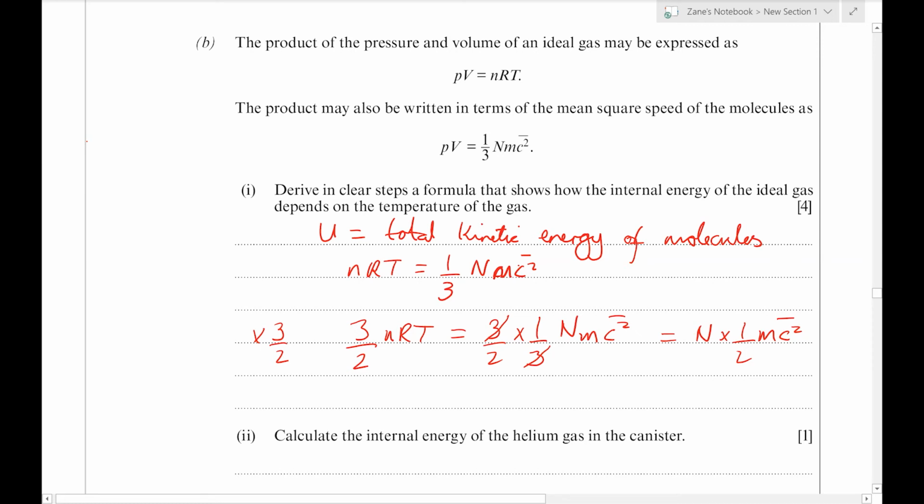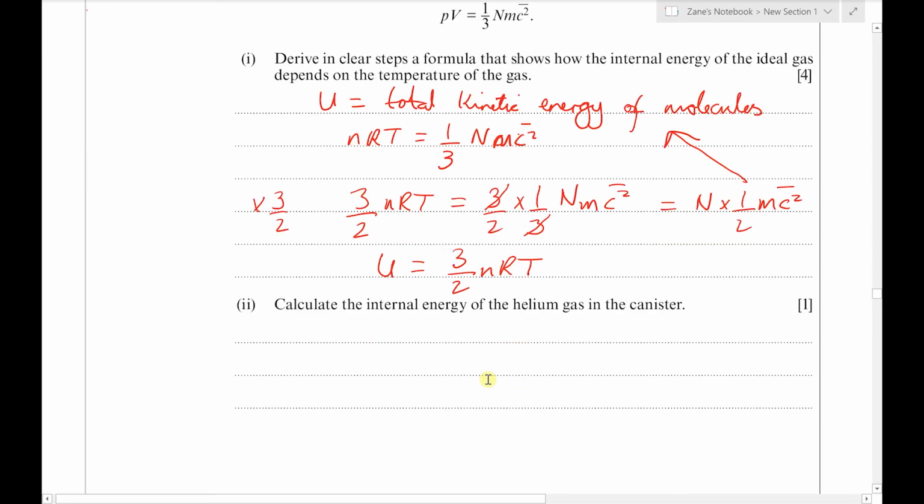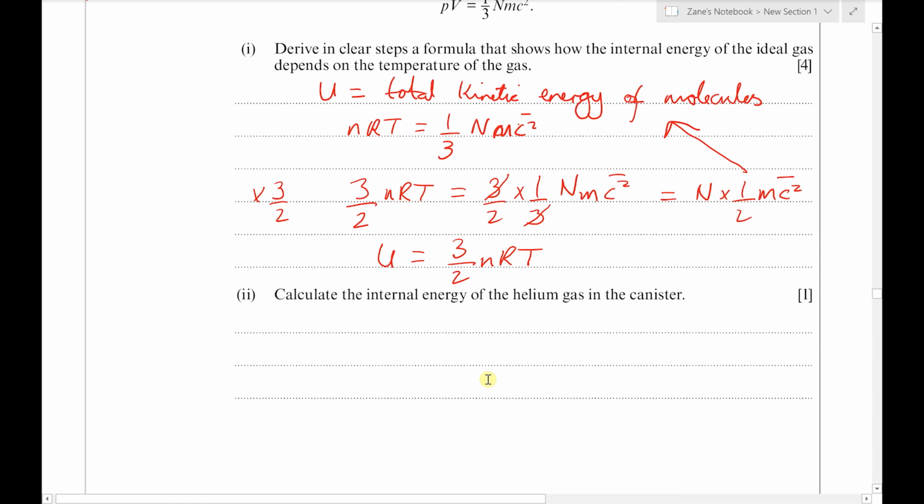Well, N is the total number of molecules. Half mc squared bar is the mean kinetic energy of 1 molecule, so the right hand side is the total kinetic energy of all the molecules. So we've derived this expression that U is equal to 3/2 nRT. And that's a standard derivation that comes up fairly regularly.